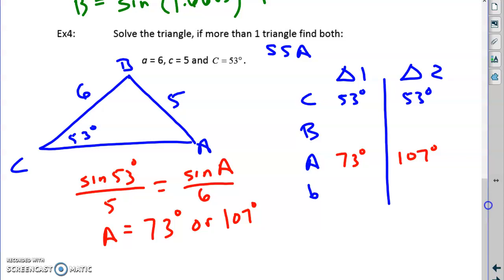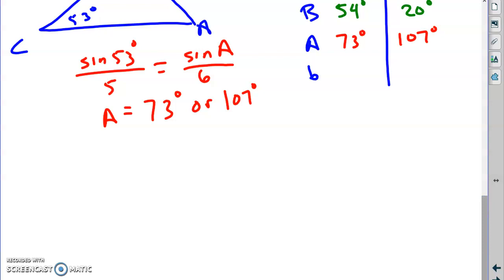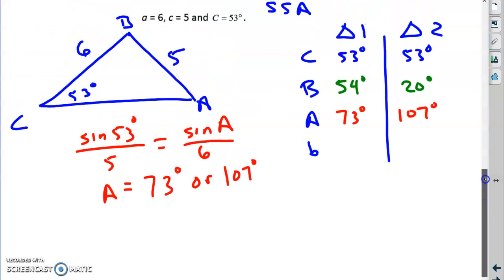C is 53, A is 73. For this triangle, that leaves B to be 54. For this triangle, that leaves B to be 20. What does side B look like? Let's create a law of sines here, and I'll try to draw my shape to scale as well.